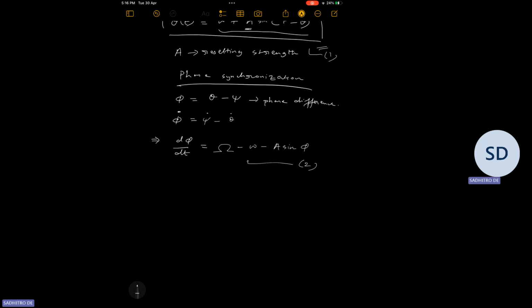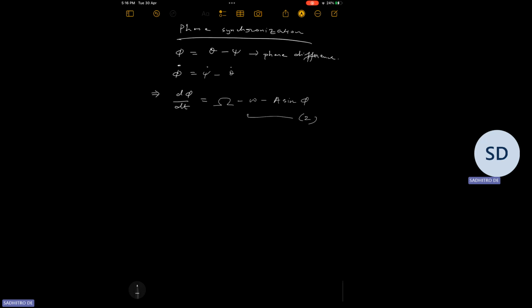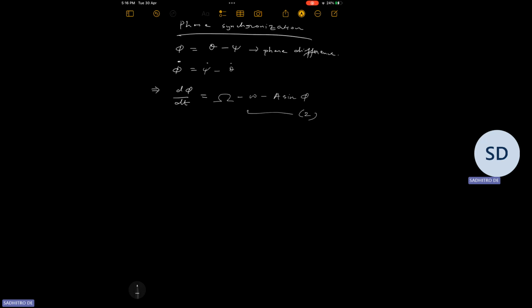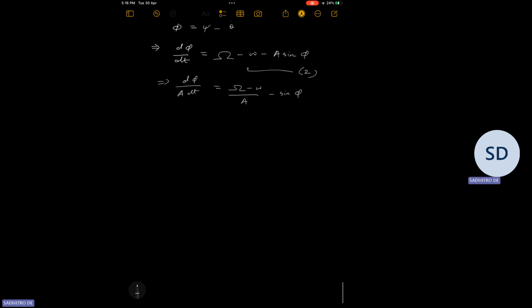Now what we do is that we try to non-dimensionalize this equation as we had done earlier. So we divide both sides of the equation by capital A. We denote the first term on the right hand side as mu.